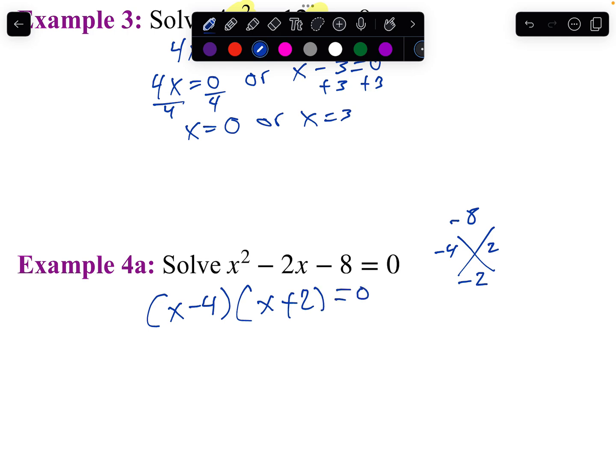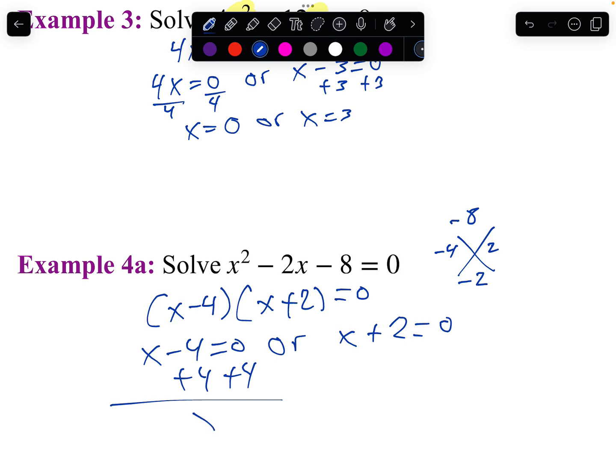Well, x minus 4 equals 0 or x plus 2 equals 0. Hopefully you can do this mentally. You don't have to do all these steps. So x equals 4, or subtract 2 from both sides, x equals negative 2.